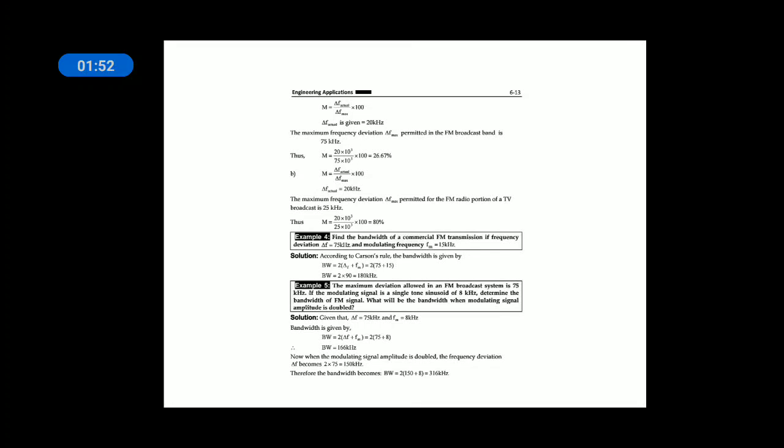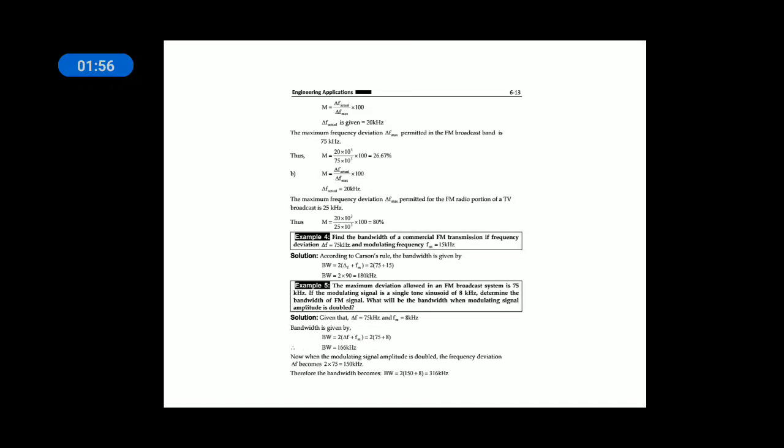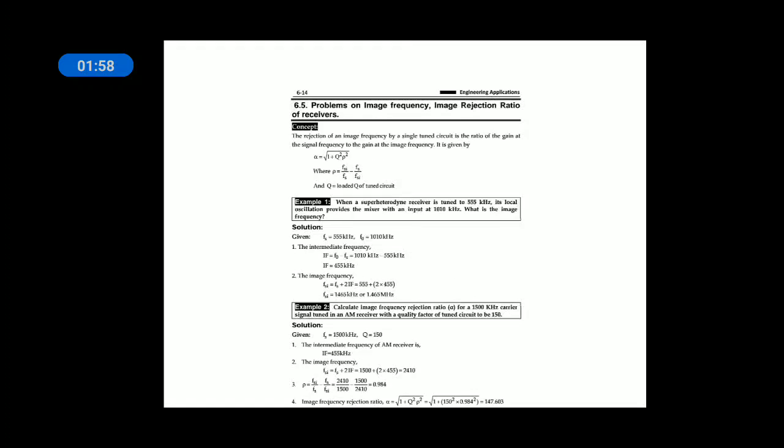In today's class we are going to discuss problems on the image frequency rejection ratio of receivers.